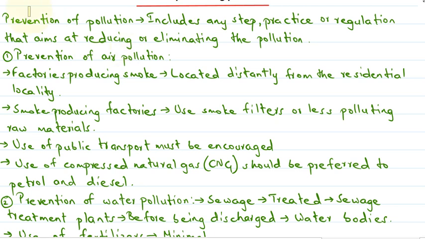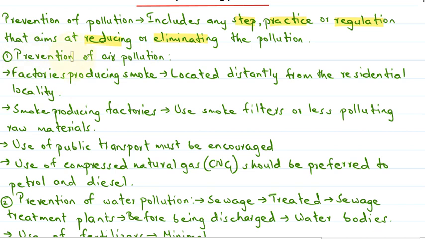So prevention of pollution includes any step, practice or regulation that aims at reducing or eliminating the pollution. We had already discussed that there are four types of pollution. Here we have discussed the steps that we can follow in order to prevent the different types of pollution.